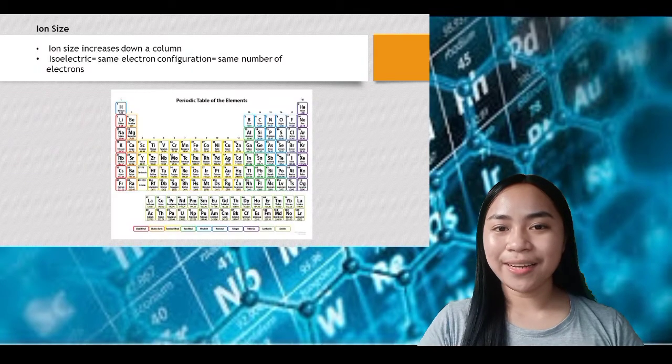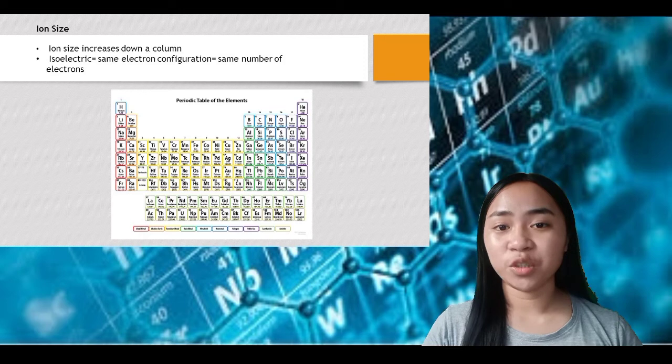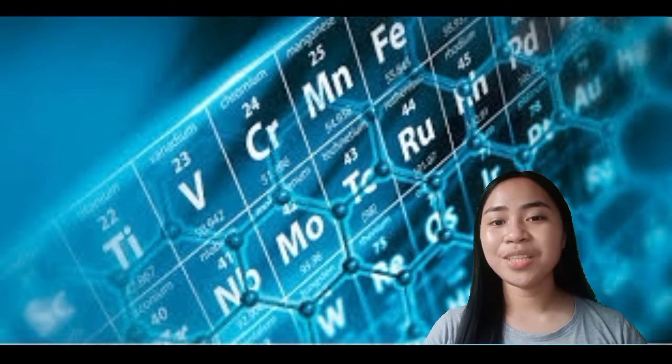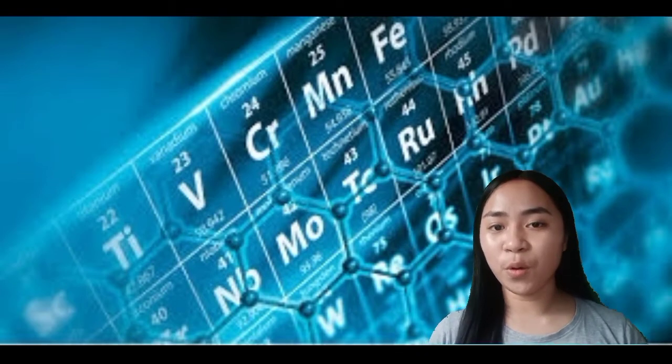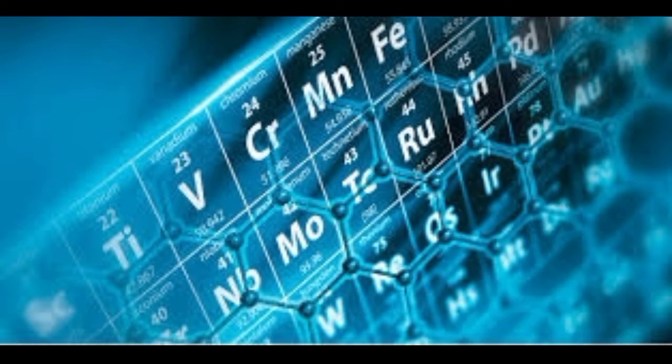Next is ion size. Remember that an ion is simply an element with a charge. It can be a cation with positive charge and an anion with negative charge. Ion size increases as we move down the column. The term isoelectronic refers to the same electron configuration and the same number of electrons.